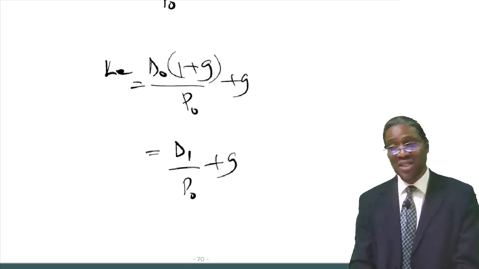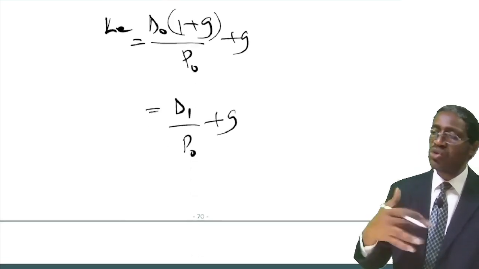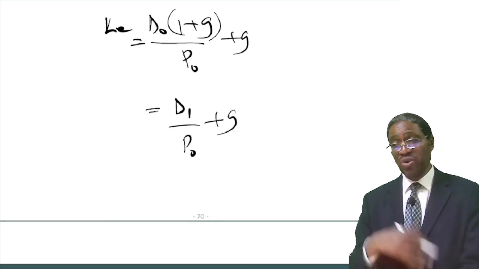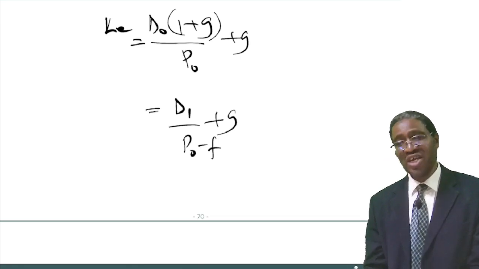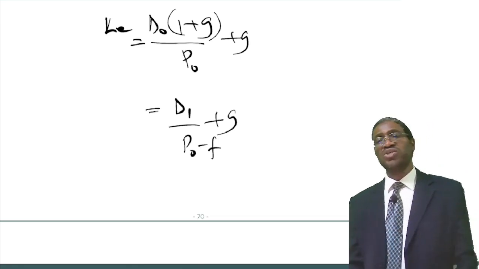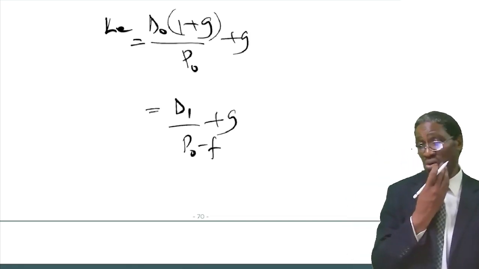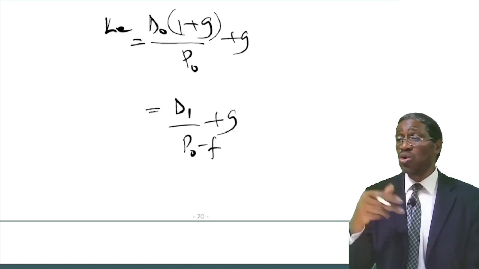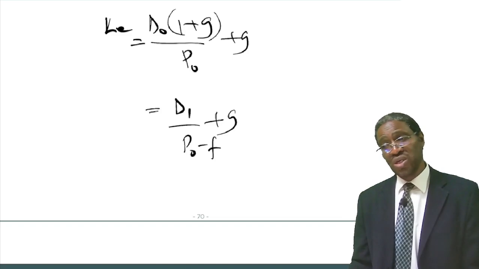That's the formula we have used. Okay? Then after that, I went further and introduced the concept of flotation cost. I told you if there is a flotation cost, then in the denominator, you just minus from the P the flotation cost. Then today I also talked about how you get the growth rate if the examiner has not given you the growth rate.